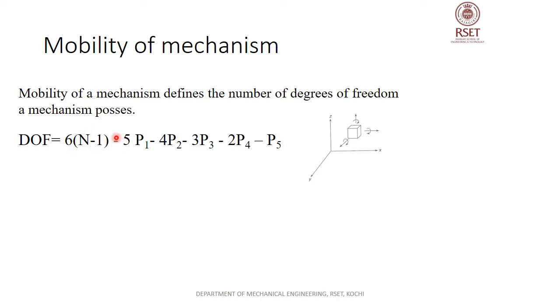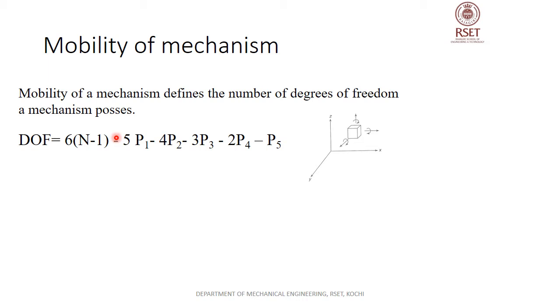We know that for a mechanism there will be at least one fixed link or a fixed frame to which other links are connected. No mechanism will be flying, because at least one of the links will be connected to a fixed frame. This fixed frame is considered as a rigid link.